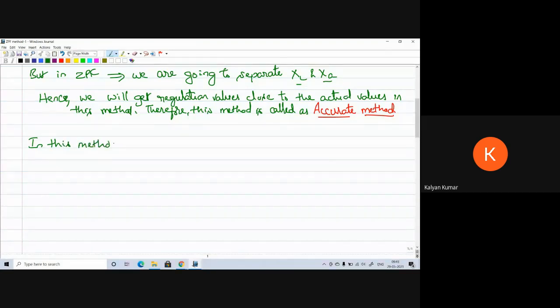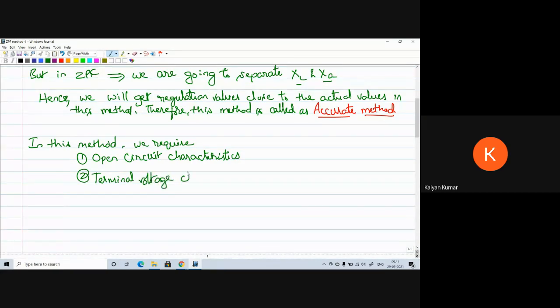So in this method, we require open circuit characteristics. From the test data, we can plot the characteristics. The second requirement is terminal voltage characteristics.